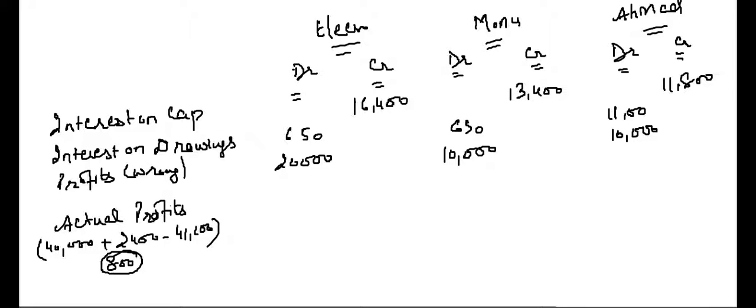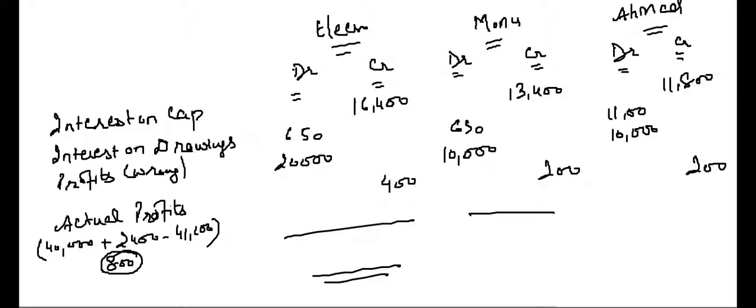Earlier we distributed profits of 40,000, whereas the actual profits to be distributed were only 800, in the ratio of 2:1:1. So we will credit the actual profits as 400, 200 and 200. So we'll calculate the net effect for all three partners.